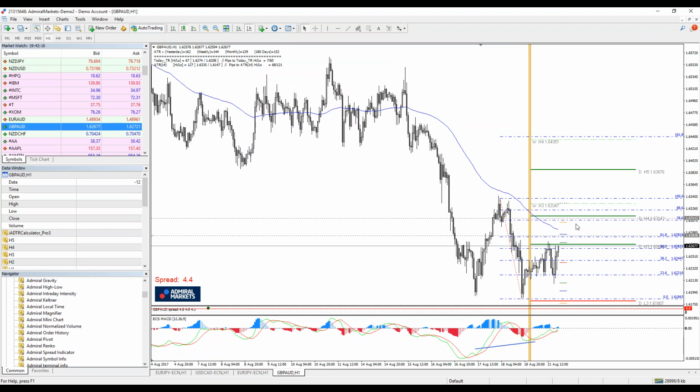And here you have these lines. So yeah, this is the zone where it could go if it closes above daily H3. It could probably go here and then reject.